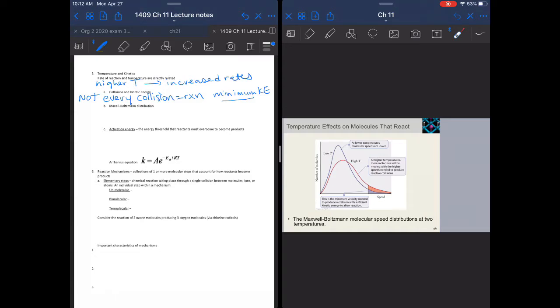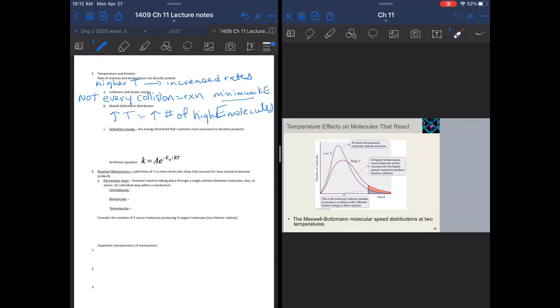As you increase the temperature, you see that average going up, the distribution is getting wider, and you've got more molecules now that have enough energy to react. So increasing the temperature is going to increase the number of high energy molecules.